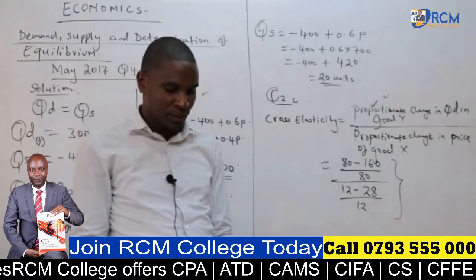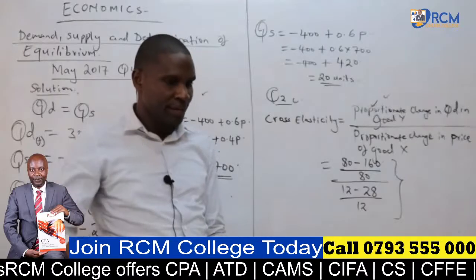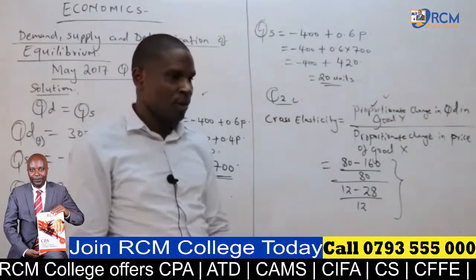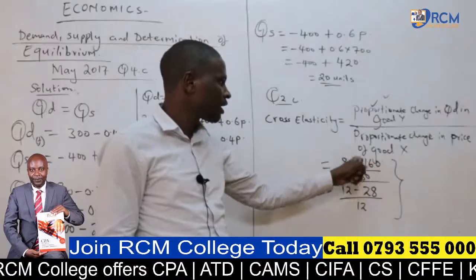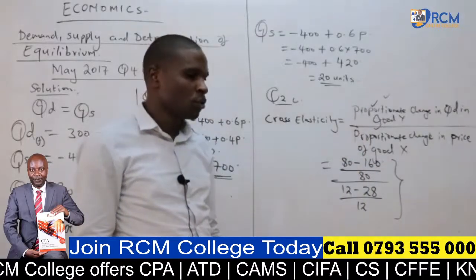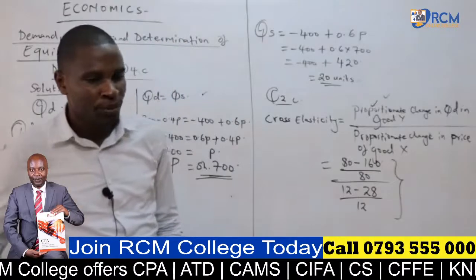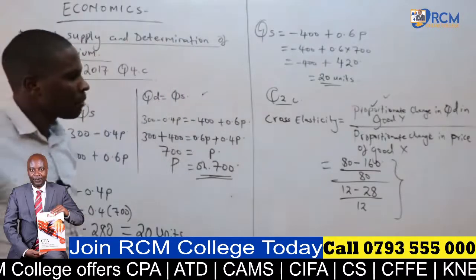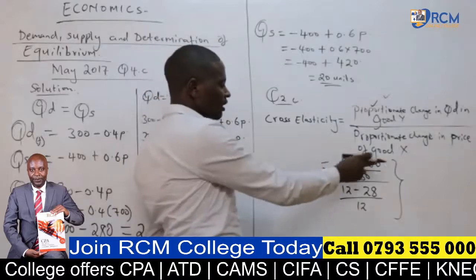That is the 80 we are talking about. And then at the end it is 160. Since we want the proportionate change, we have to divide by 80. So now we've been given by Vincent minus 80.